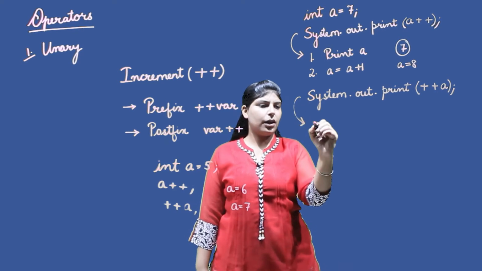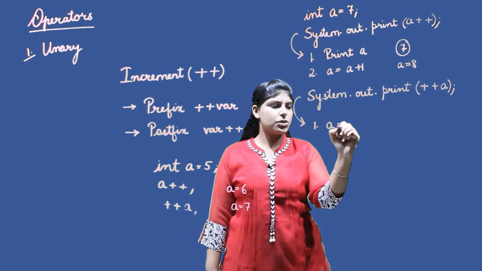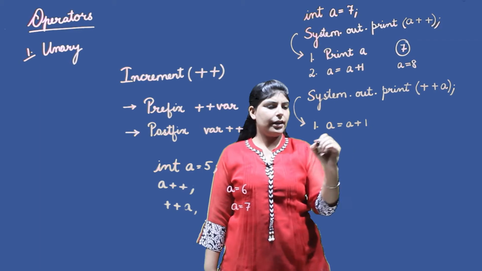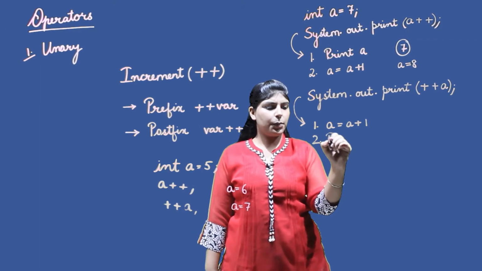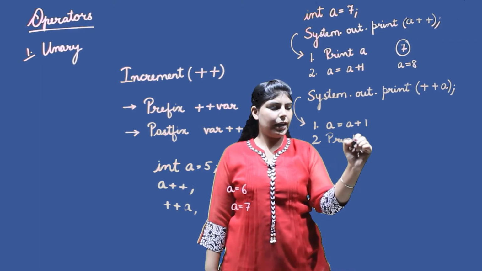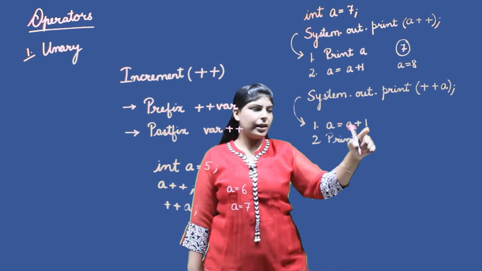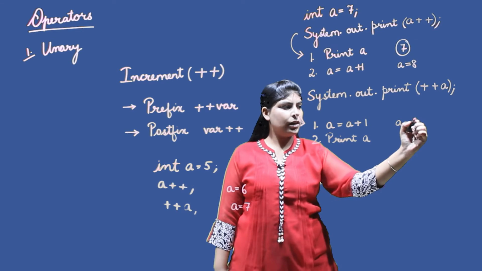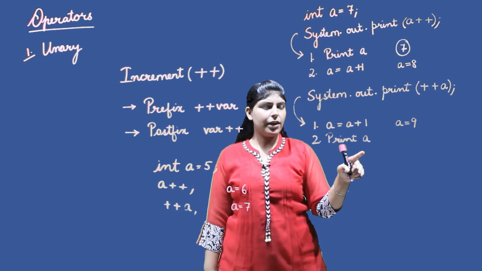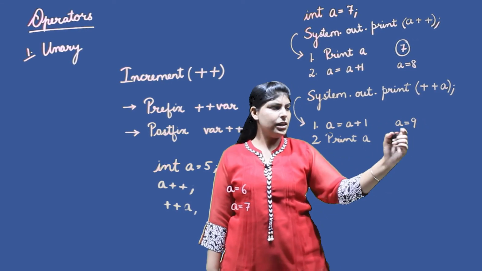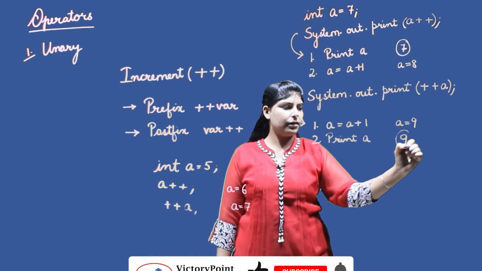So if I break it down, I'll first write A is equals to A plus 1, and the second step will be to print value of A. So A is 8. If I increment A again, A will become 9. Now I am printing the value of A. The current value of A is 9. So 9 will be printed.